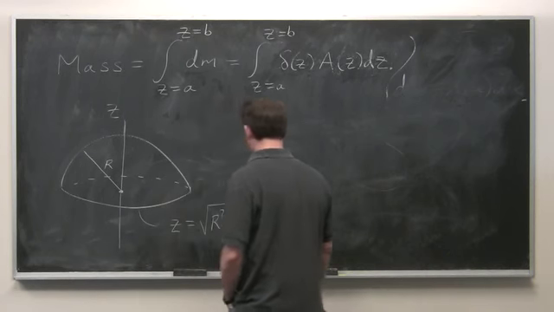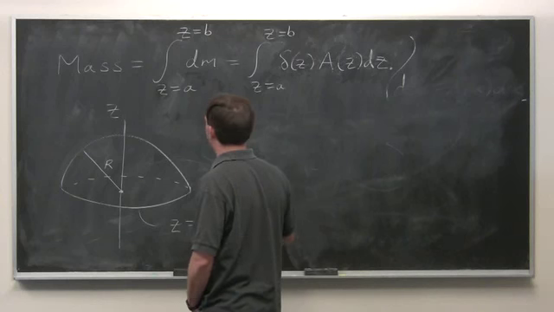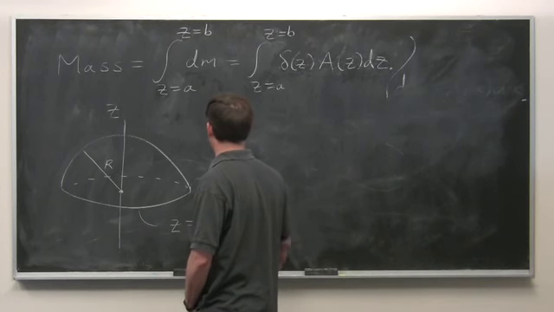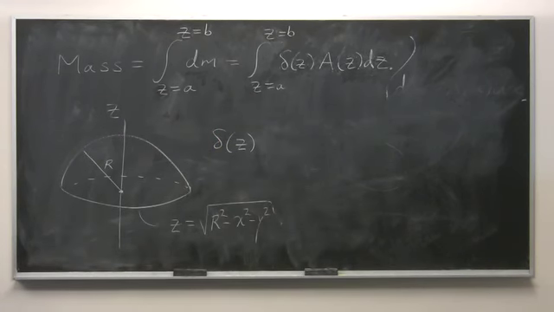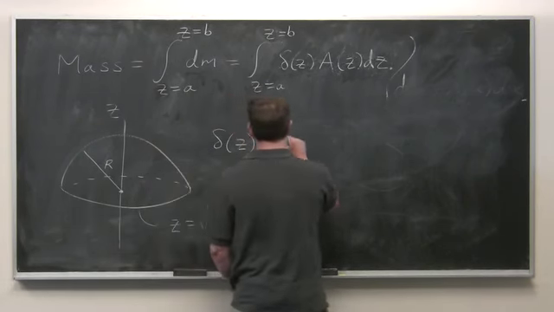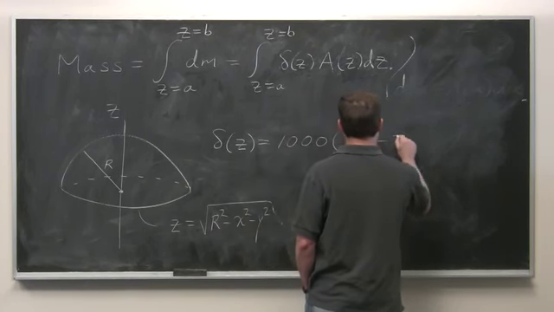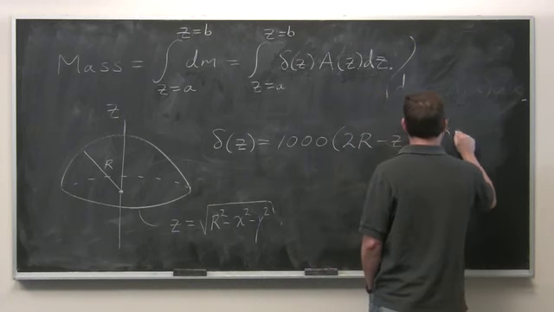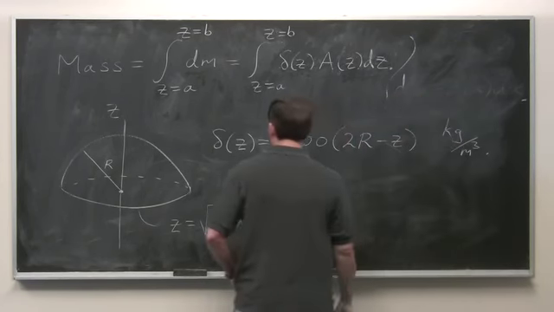And I'm going to assume that the density is a function of z. The density function I wanted is 1,000 times (2r minus z) kilograms per cubic meter. So what does this mean?